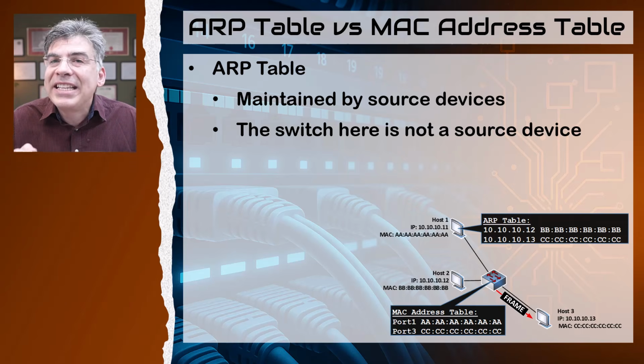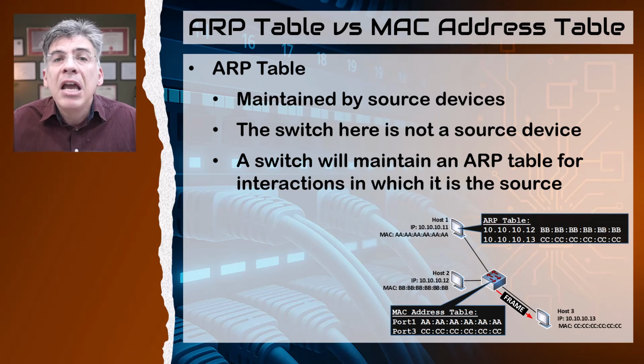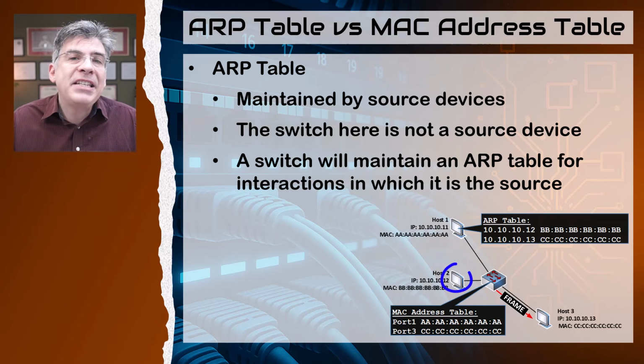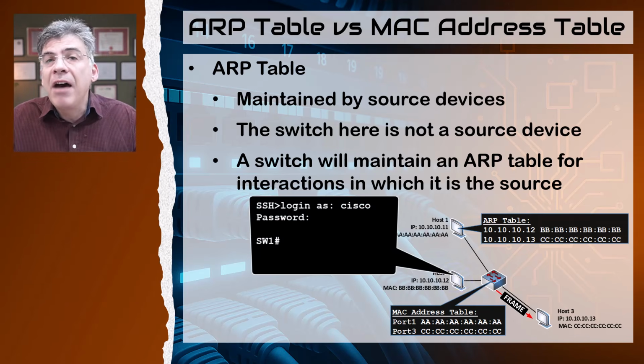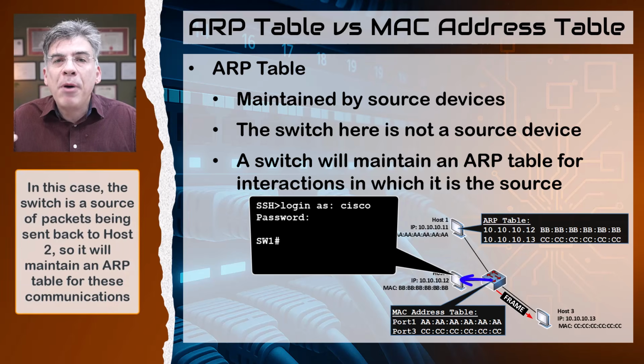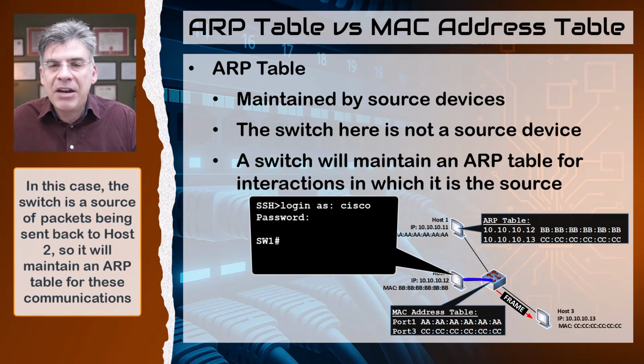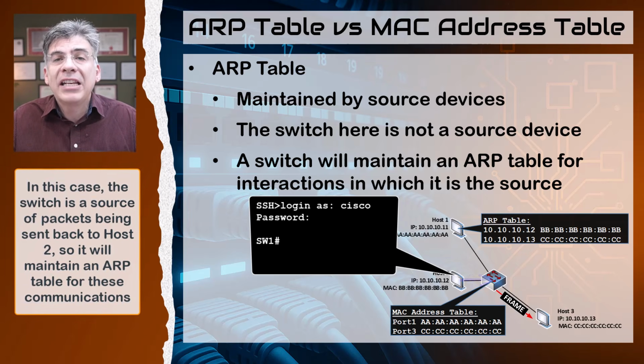However, if the switch itself is the source of data, it will maintain an ARP table, but just for communications that take place with the switch as a source or destination device. For example, if you have this PC here and an administrator connects to the command line interface of the switch using SSH, for example, the switch will communicate with that host and will create an ARP table. Within it, there will be a correspondence of MAC addresses and IP addresses of the hosts with which it communicates.